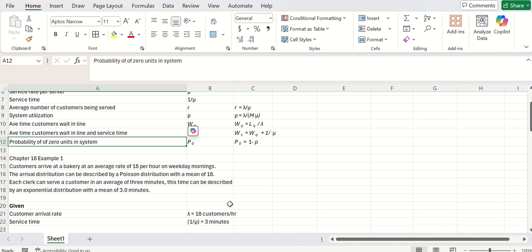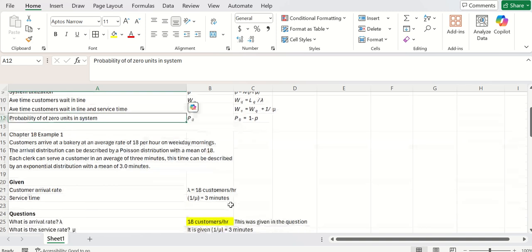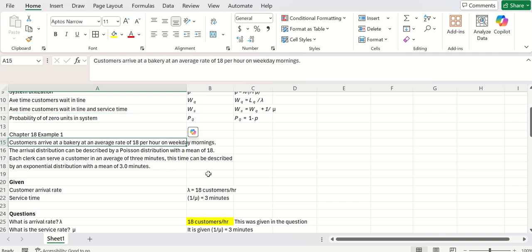All right, Example 1, Chapter 18, goes through and talks about this bake shop. In the bake shop, we have customers arriving at 18 per hour. They're based on a Poisson distribution where the mean is 18. It also takes the average clerk 3 minutes per customer.